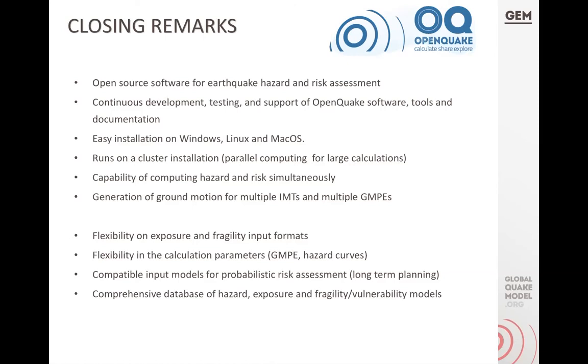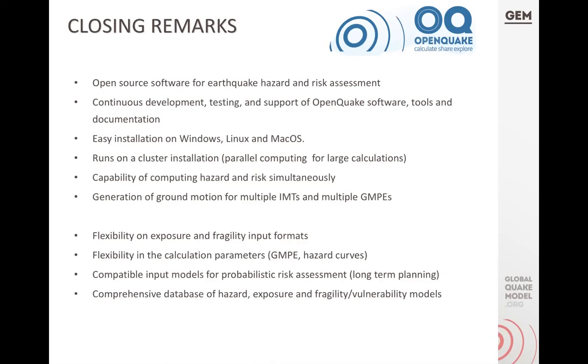One of the key aspects of OpenQuake is the capability to compute hazard and risk simultaneously. If you have an earthquake hazard model, it's very easy to connect that with exposure and vulnerability to compute risk. Then there's a lot of flexibility in how you define your exposure model.